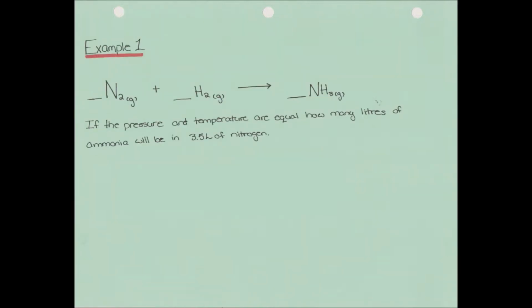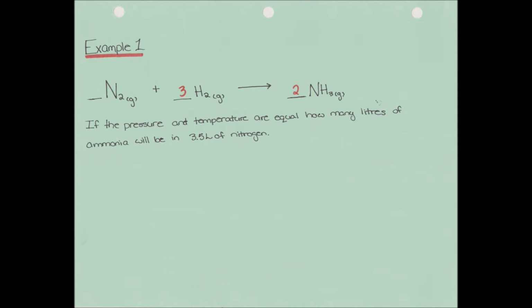The question says, if the pressure and temperature are equal, how many liters of ammonia will be made from 3.5 liters of nitrogen? Before we begin, we need to balance the equation, which is 3 hydrogens on the left side and 2 ammonia on the right side.